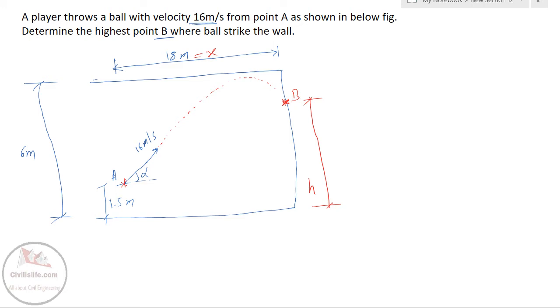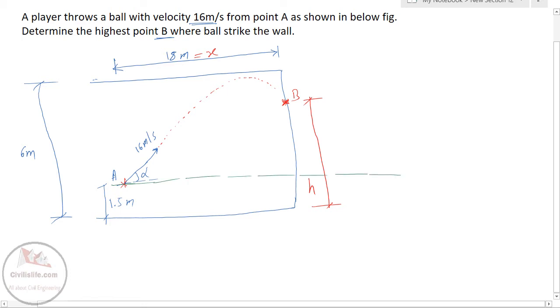Whenever there is an x, we have to find the y also to use the equation of trajectory. And what is that y? y is the difference in level of the point of projection and the point of landing or the target. So here the point of projection is this A, and the target is this point B, and the vertical distance between these two points we call y.